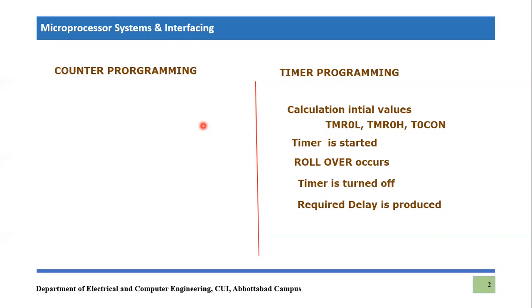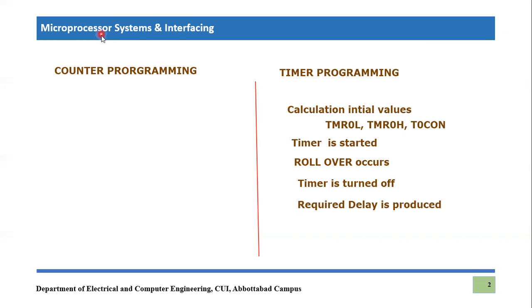This is what we do using a counter, which is why it is also known as an event counter, because it counts up within a certain event, right? So that is counter programming, and counter programming will be utilizing timer programming, right?